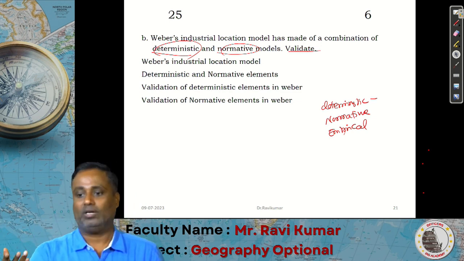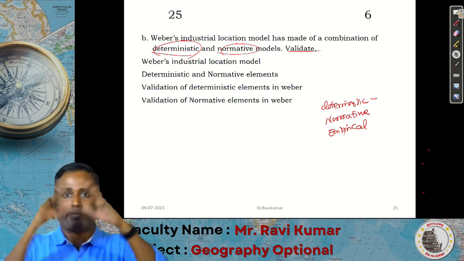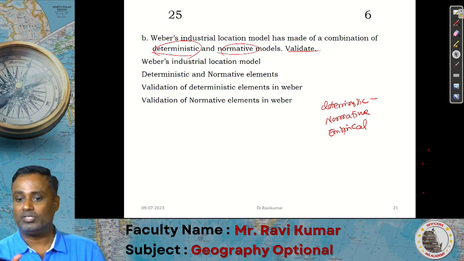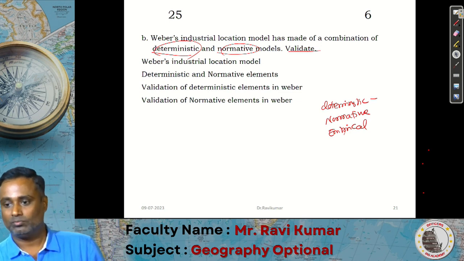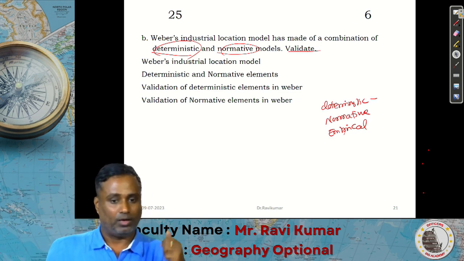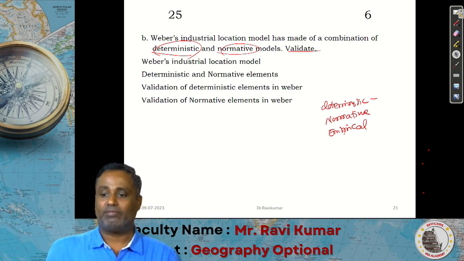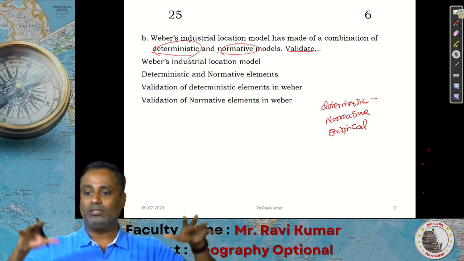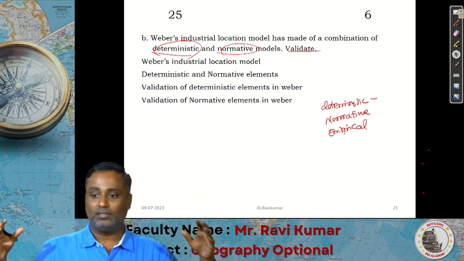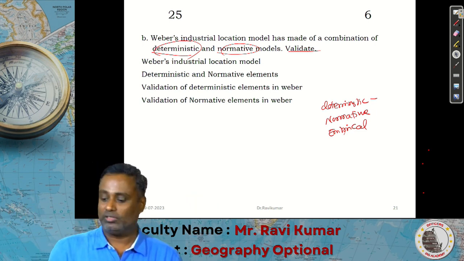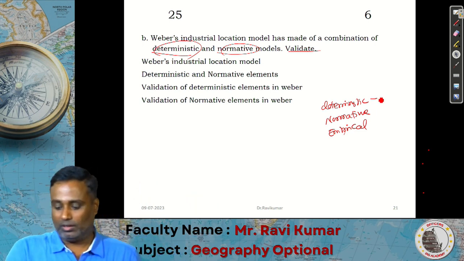So he determines the environment before giving the theory. This is the deterministic approach. Weber, Christaller and Losch all have a deterministic approach because they have a set of conditions. They nullify all the variations in the natural world and then bring the theory.